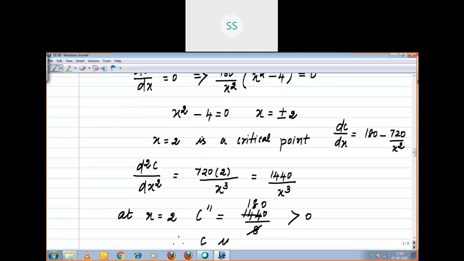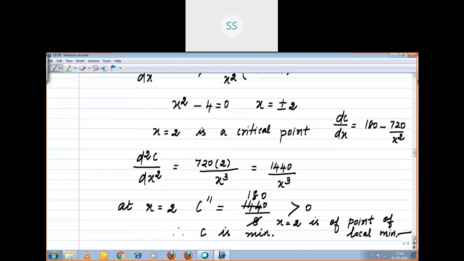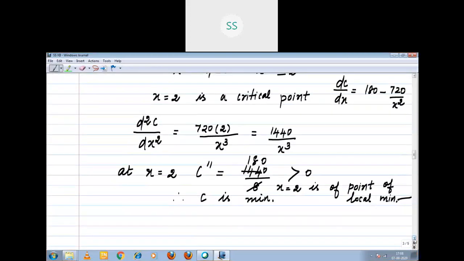Therefore x is equal to 2 is a point of local minimum. Then you conclude C is minimum at x is equal to 2.